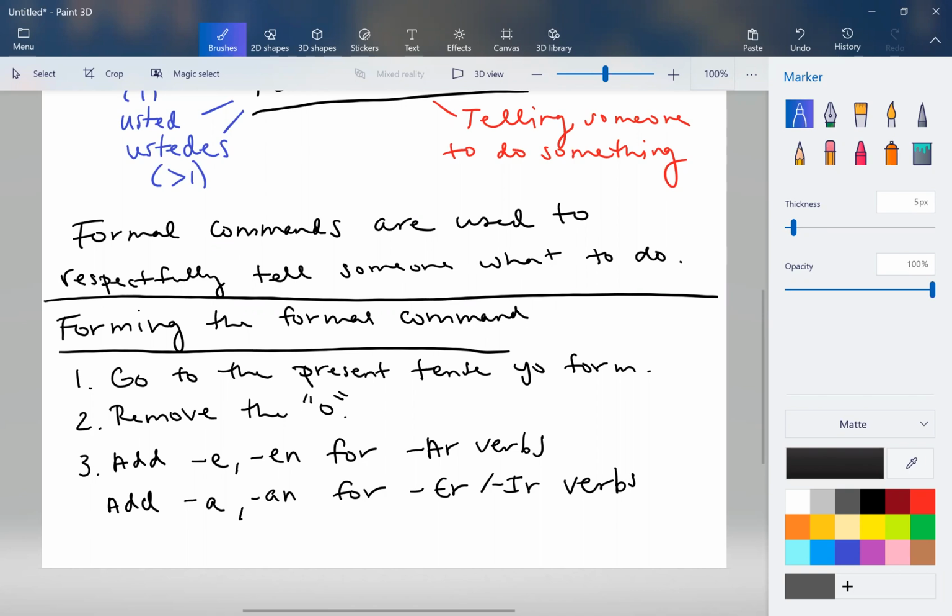So I tend to say add the opposite ending because usually our AR endings would look like A and AN, and our ER or IR endings would look like E and EN. But for commands, it's the opposite.